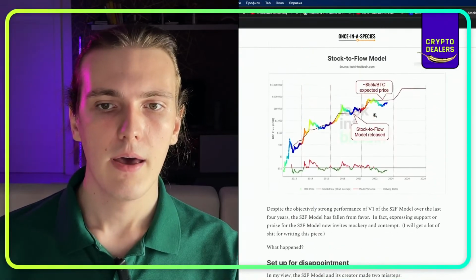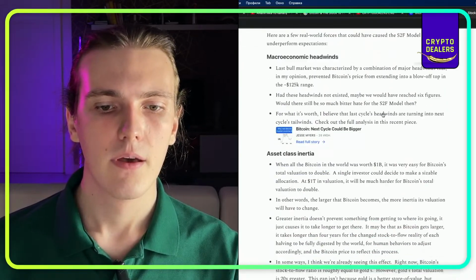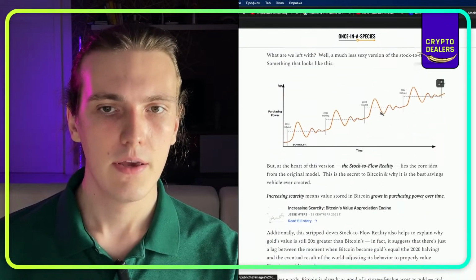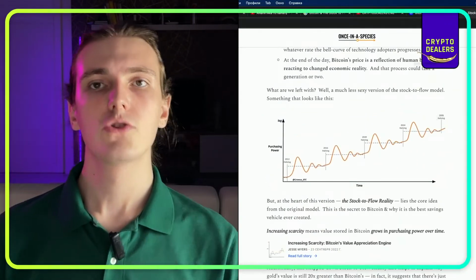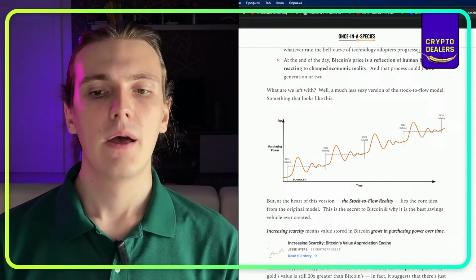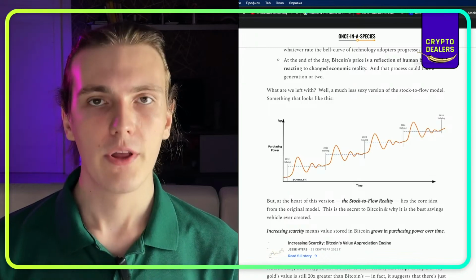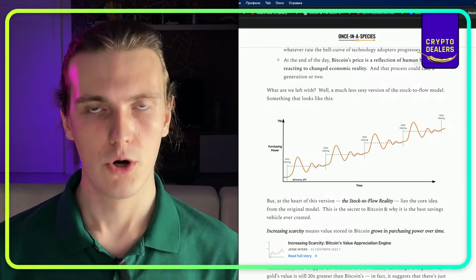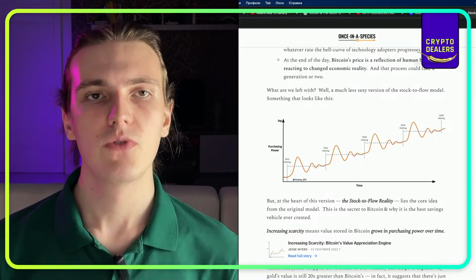But directionally, as we can see in multiple graphs, here and here and here, the stock-to-flow model is a perfect example of Bitcoin taking over the world, being the most valuable asset that we have and that we will have for a long, long time.